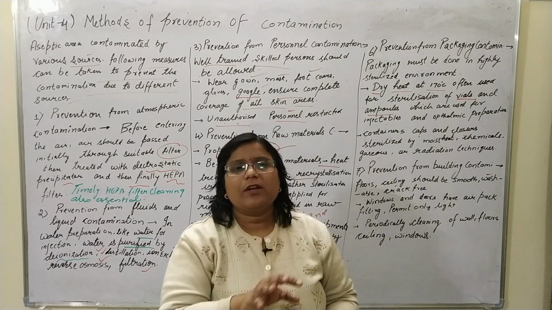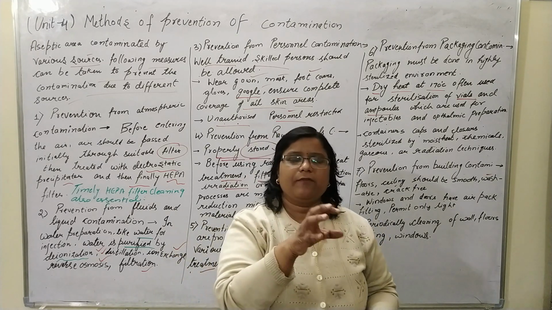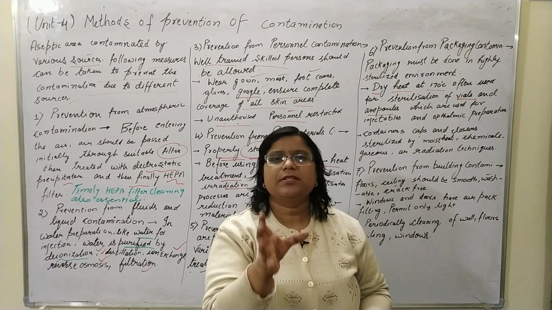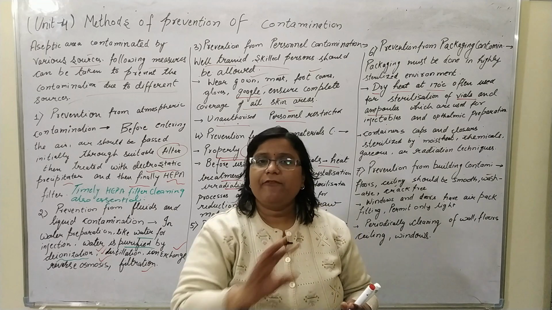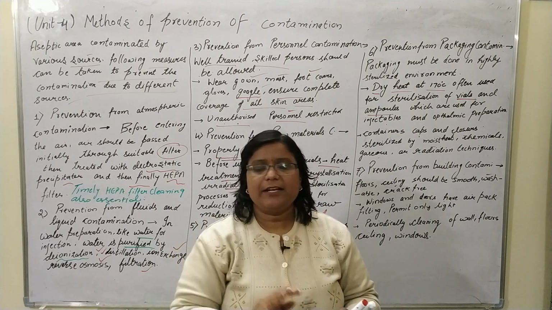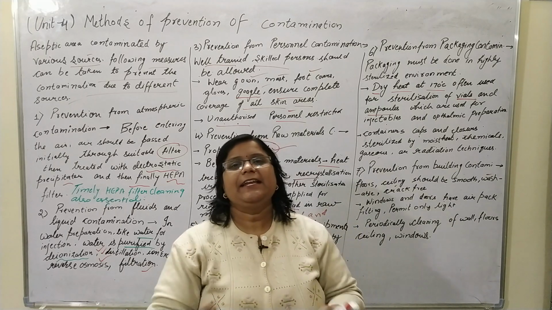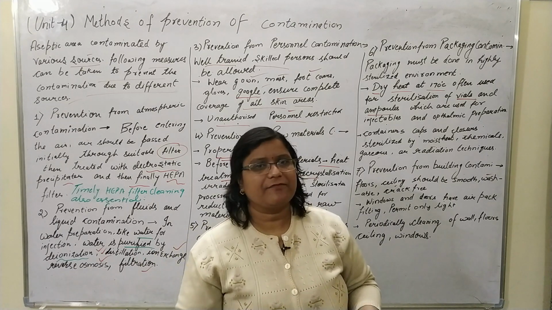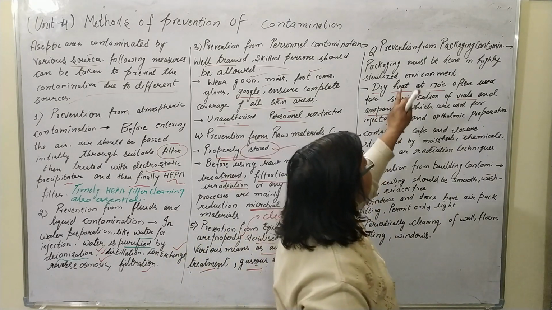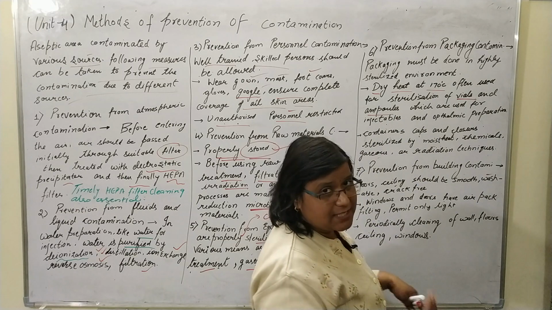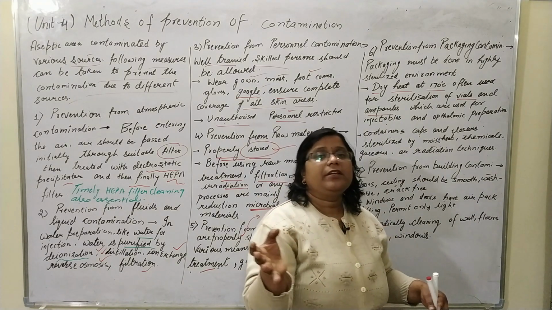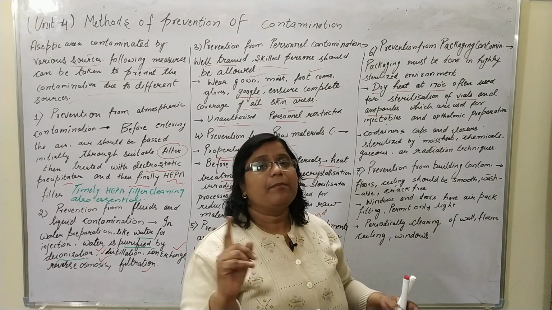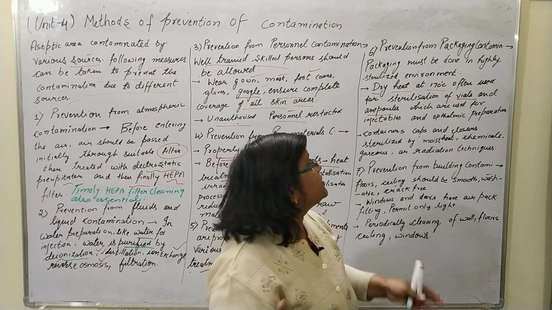Whatever containers, closures, vials or ampoules we are packing our preparation in have to be efficiently cleaned, sterilized and disinfected. Packaging must be done in a highly sterilized manner, and the area where we are doing the packaging must also be highly sterilized.